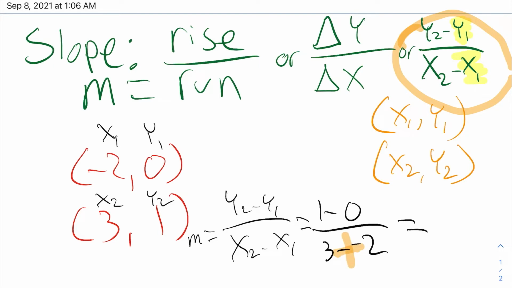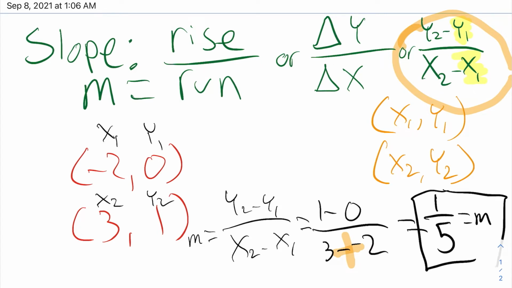Remember, when you have a subtraction next to a negative sign, it turns into a super plus, that's what I like to call it. Subtracting a negative number, I'm taking away something that is negative. Those negatives, those subtractions cancel out, and it turns into addition. So my slope in this problem is 1/5.